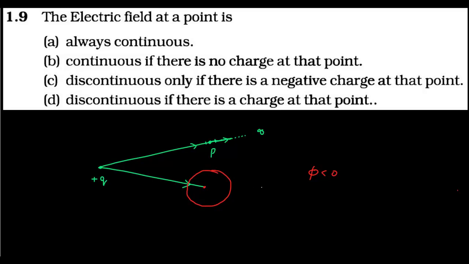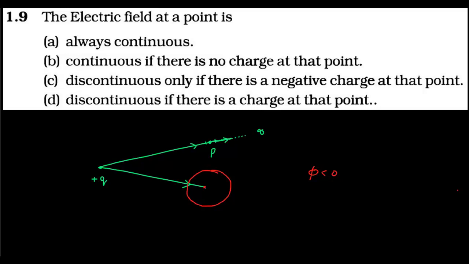Now from Gauss law we know that if the flux associated with a closed surface is negative, there must be some negative charge inside the Gaussian surface. Only then can the flux be negative. But here we know that there is no charge inside the Gaussian surface. Clear? So the net flux associated with this Gaussian surface must be 0.